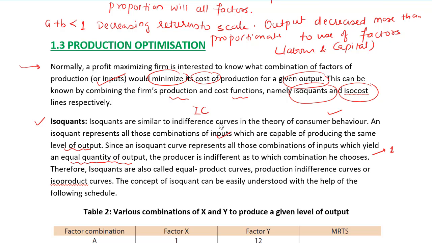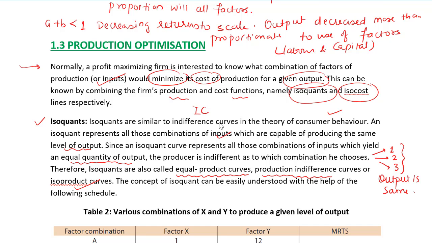There could be combination 1, combination 2, combination 3, but in all the combinations the output would be the same. Therefore, isoquant is also called equal product curve, production indifference curve, or isoproduct curve. The synonyms we need to remember: equal product curves, isoquant curve, production indifference curve, or isoproduct curve.